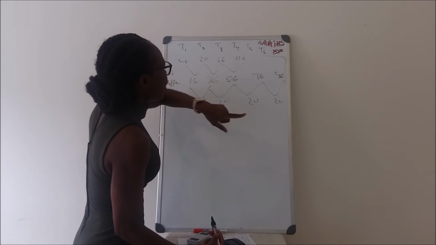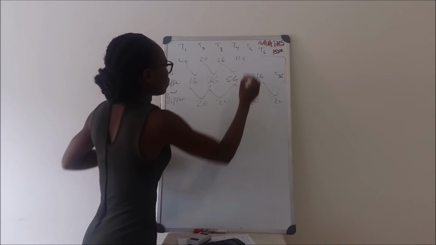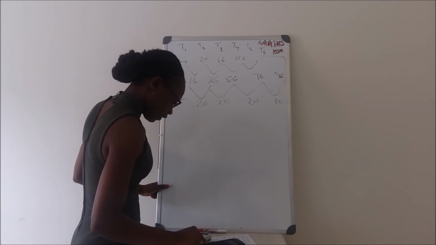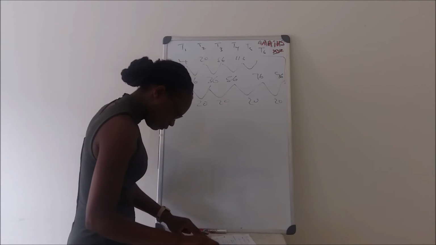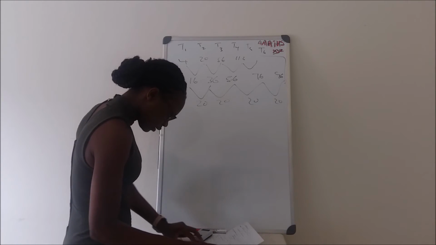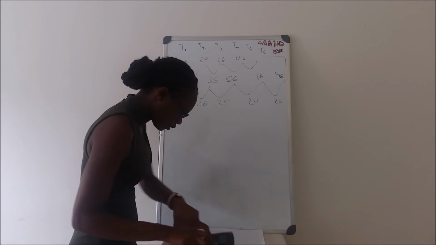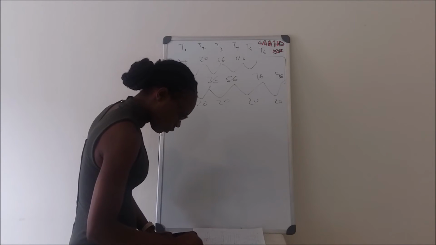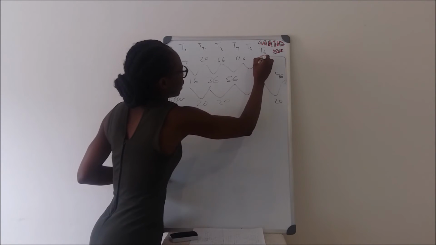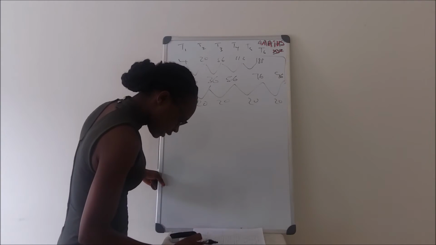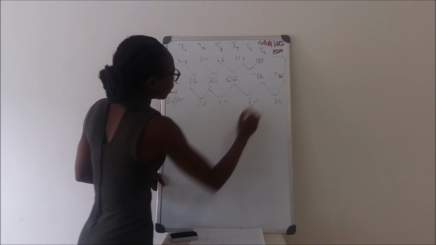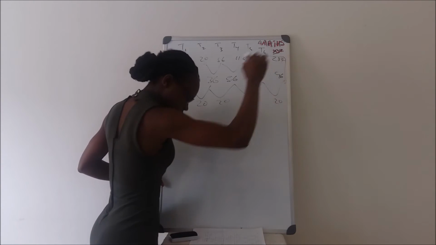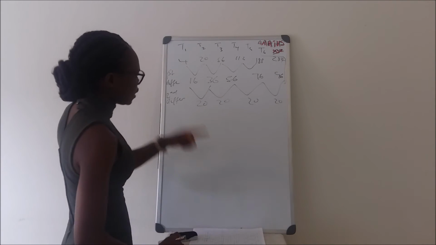Now to get T5, it will be 76 plus 112, which gives 188. And then 188 plus 96 will give 284. That will be our T6.